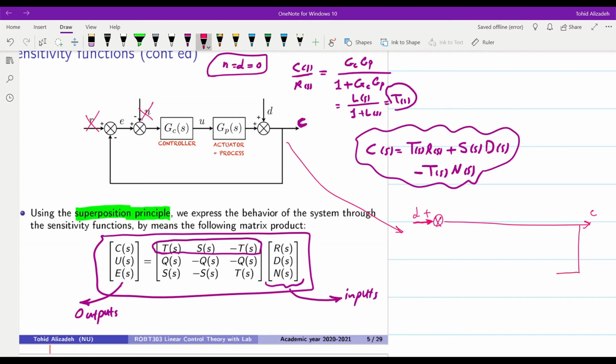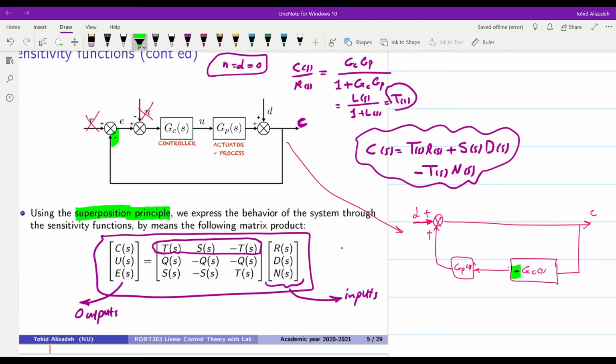Then in the feedback path, we have minus GC GP, and with a plus sign here. So this minus GC that I just wrote here, this negative sign comes from here.